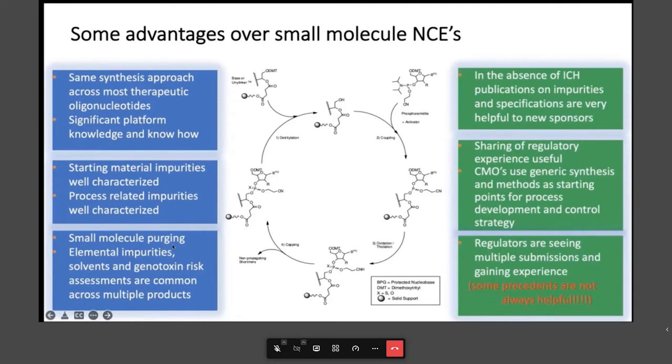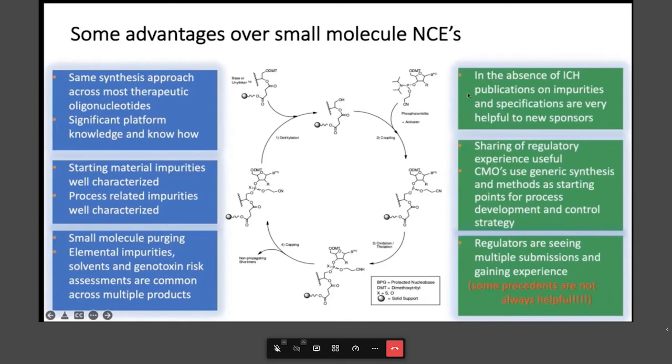And then finally, small molecules are very effectively purged because of the way in which we immobilize our growing oligonucleotide on a column, and we wash our reagents from that column. So purification is very good in terms of small molecules. Elemental impurities, solvents, genotoxin assessments are quite common across multiple products.